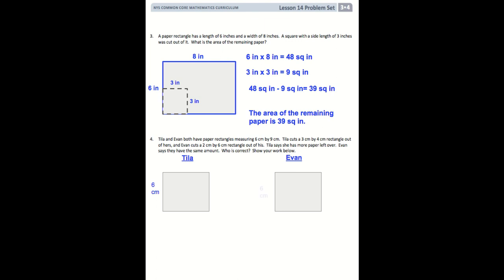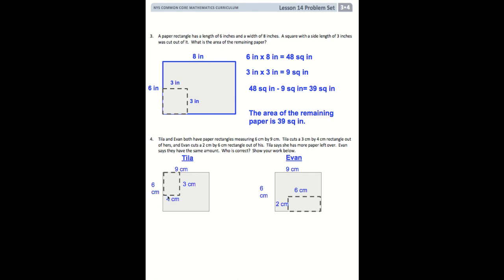So there's their rectangles to start with. And that's a 6 centimeter and 6 centimeter, then 9 and 9, because they said they both have a 6 by 9 rectangle. Now it says that Tila cuts out a 3 centimeter by 4 centimeter, and that Evan cuts out a 2 centimeter by 6 centimeter. So we have a 4 centimeter and a 3 centimeter, 2 centimeter, and a 6 centimeter. So those are the pieces they cut out.